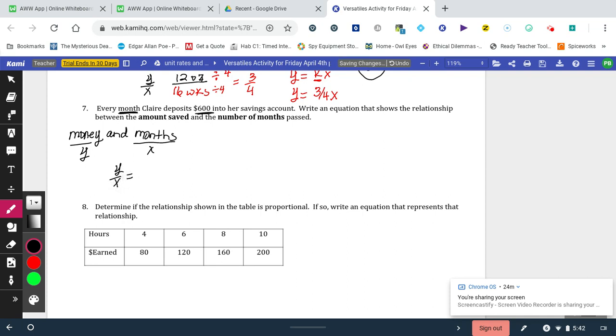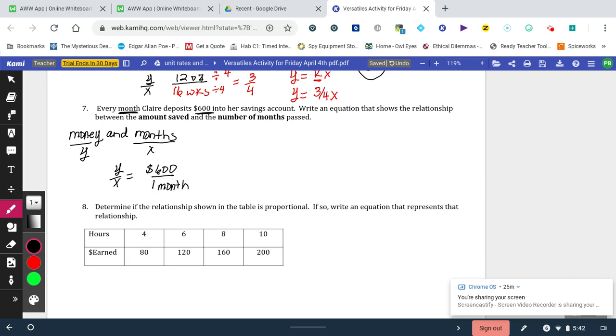Okay, so the unit rate has a denominator of 1. So if she put in $600 every month, that means for 1 month, she put in $600. Okay, for every 1 month is $600. So this is $600 per month.